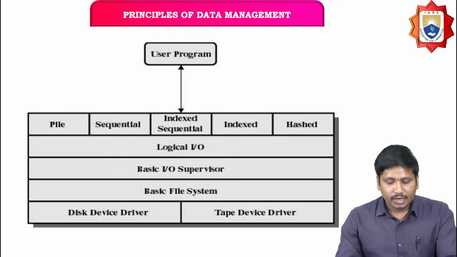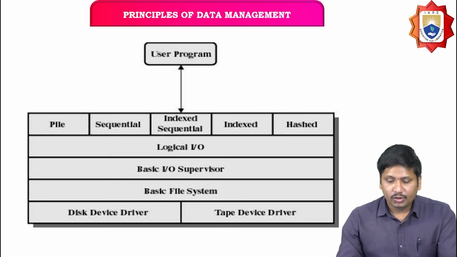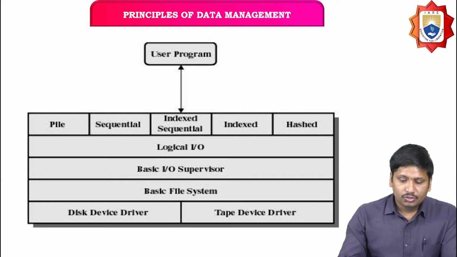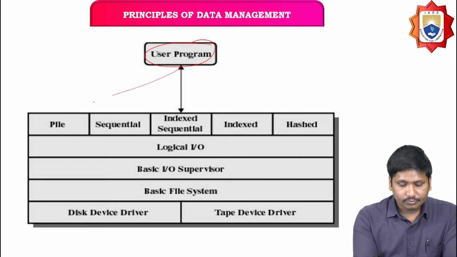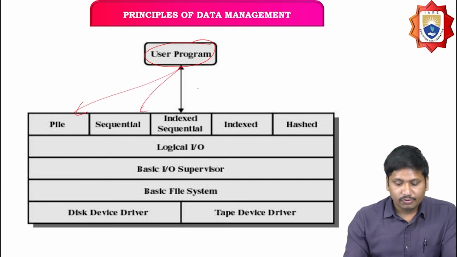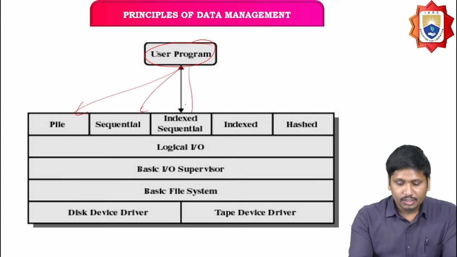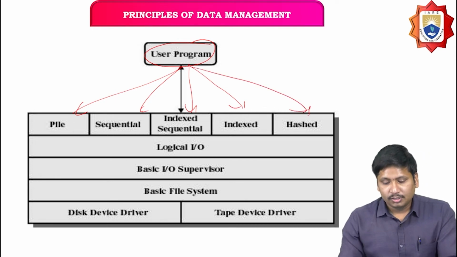And this should be the semantic view of the file management system. By using this system, you can identify that this is the user program. The user program is going to communicate with the file database, and then the sequential file database, indexed sequential database, indexed database and hash database.